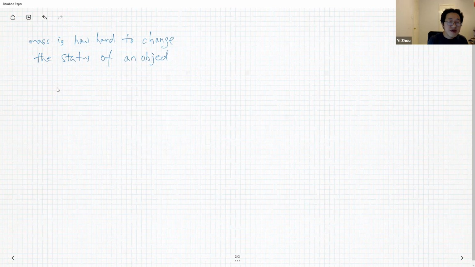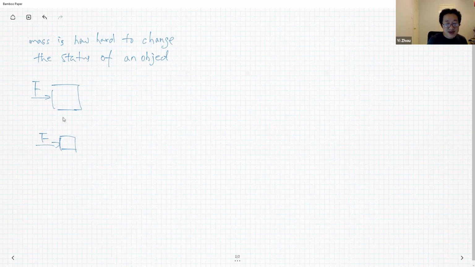So for example, you have something here and you have another thing here. How do we know if this bigger thing has more mass or less mass than this small thing? What we do is apply a force on both.